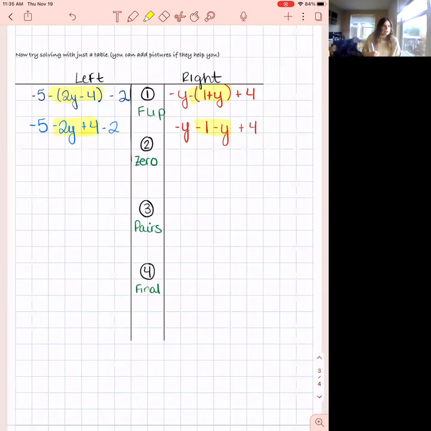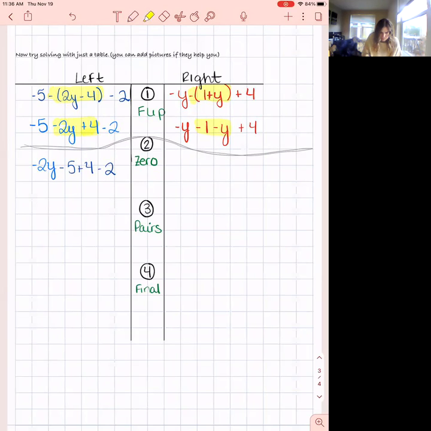Okay, the next thing I need to do is make zeros. In order to make that easier, I want to rewrite it in the correct order. So y's come first. So I have minus 2y first. Maybe I put like a little line here that shows that that's that step. And then I have minus 5 plus 4 minus 2.